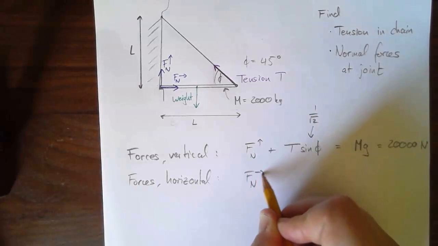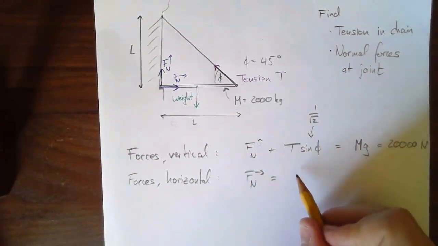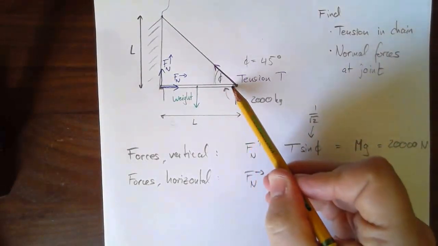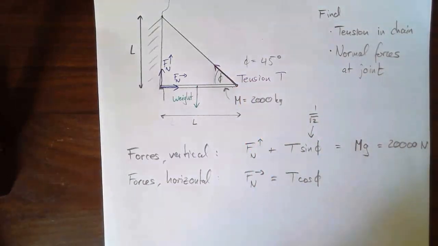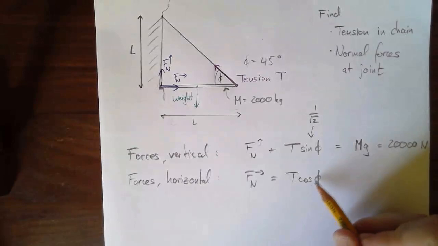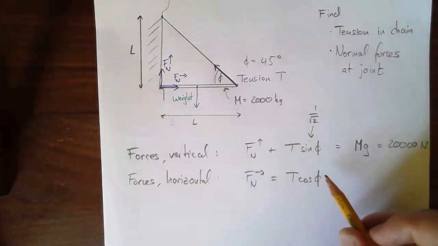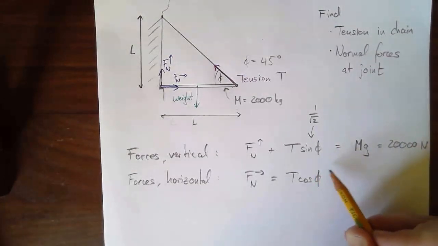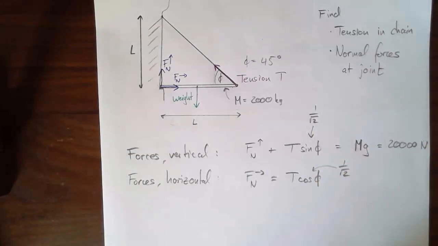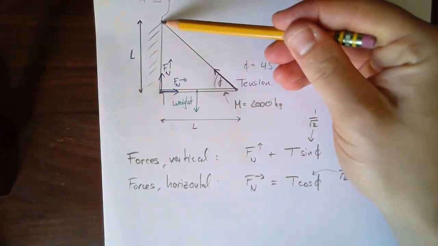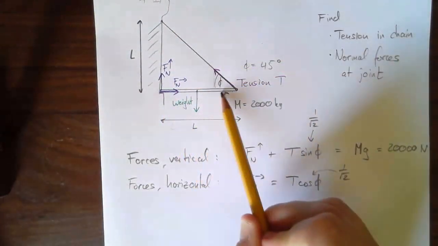The normal force to the right is equal to the horizontal component of the tension, so that's cosine phi. And of course the cosine of 45 degrees is also 1 over root 2, because 45 degrees is exactly when sine and cosine are equal, right? The opposite is the same as the adjacent.